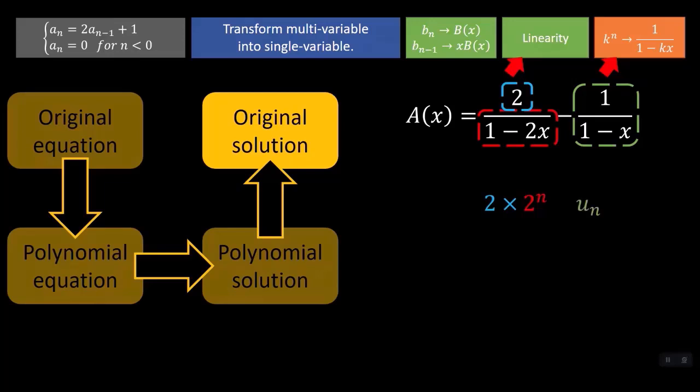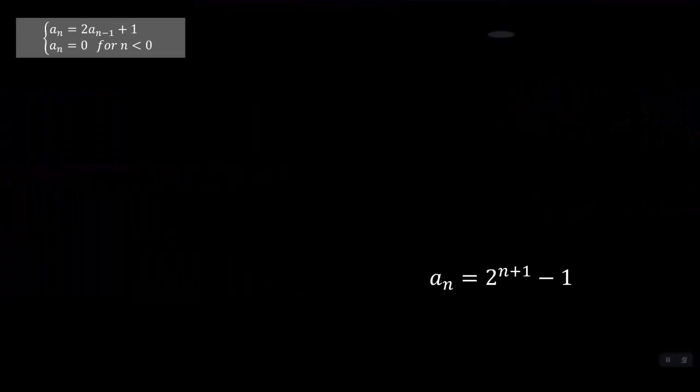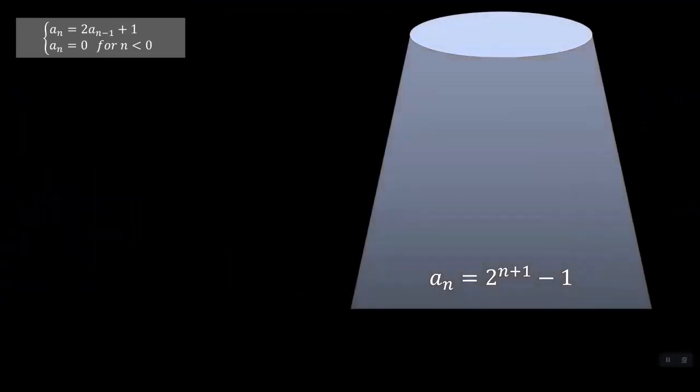And based on linearity, we can put a minus sign here. Now we know that a of x equals this polynomial on the right side. So we can conclude that a of n equals this sequence, which can be written simpler as 2 to the power of n plus 1 minus 1. And this is the promised answer.